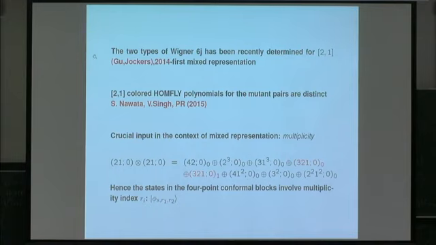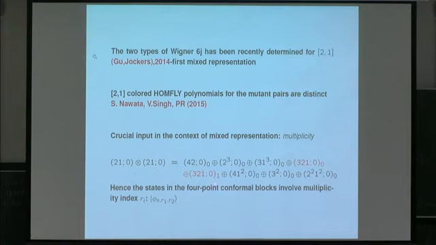So one of the crucial inputs which goes in this context is multiplicity. So what is multiplicity? If you take a representation R and compose it with R, if it is parallelly oriented, all these representations are appearing only once. The one colored in red is appearing twice.